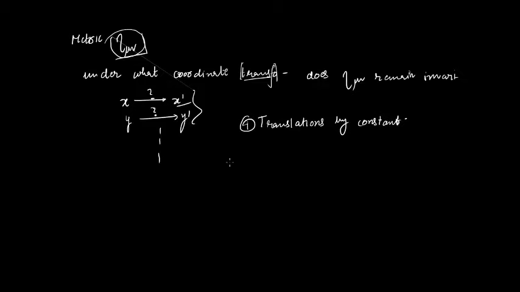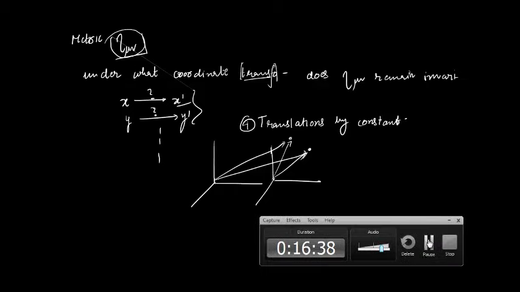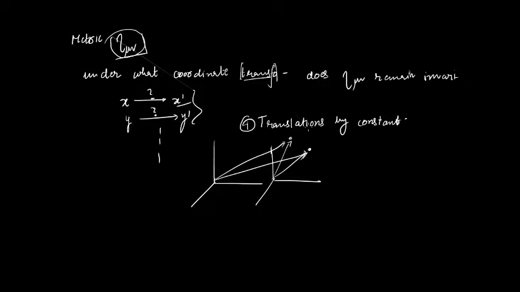That means that if we simply have these two coordinate systems, and we place the other coordinate system a particular distance away from the previous one, and we measure the distance between two points in this coordinate system as opposed to this coordinate system, they will remain the same.